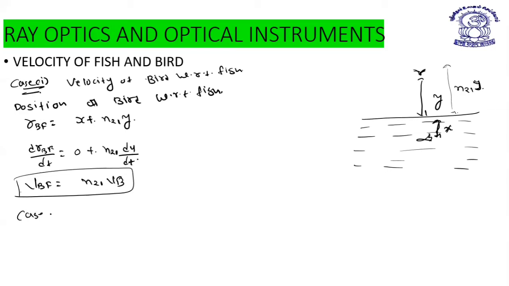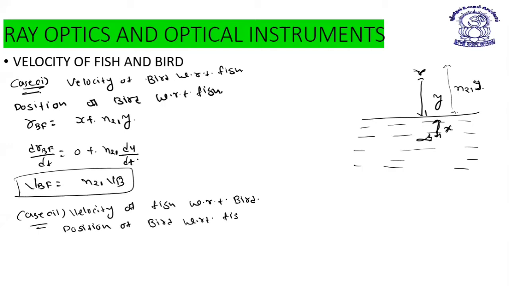Now let us take case 2, in which we want to find the velocity of fish with respect to bird. Again, we will write the position of fish with respect to bird.